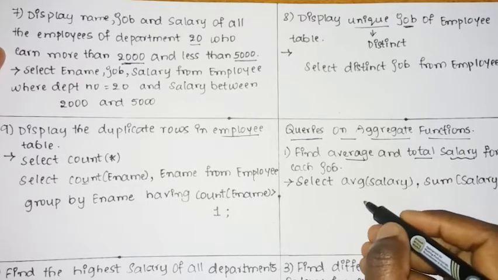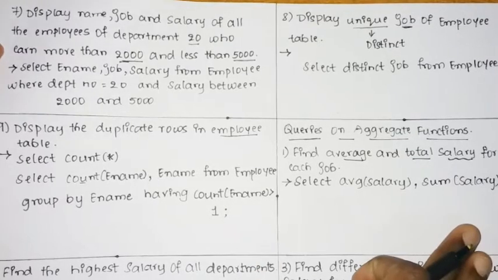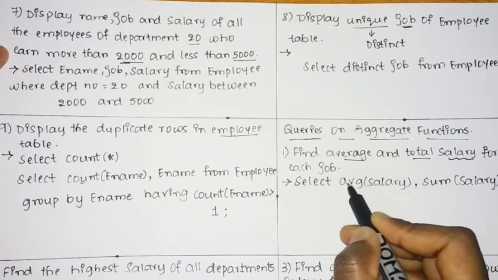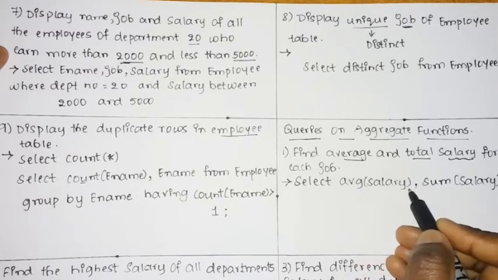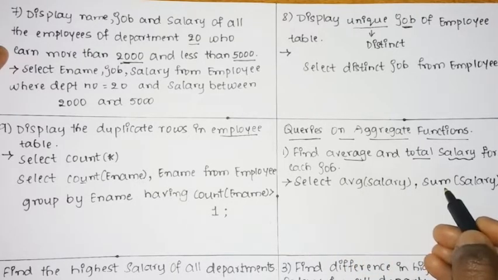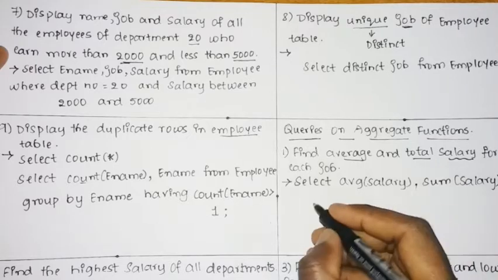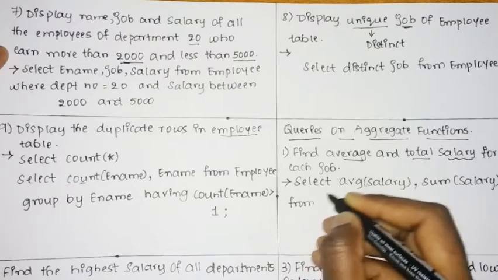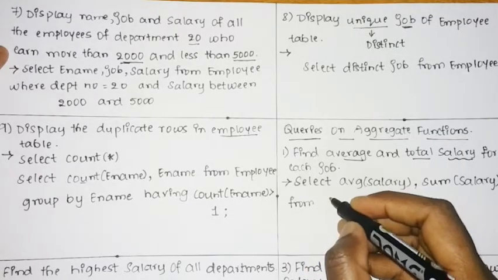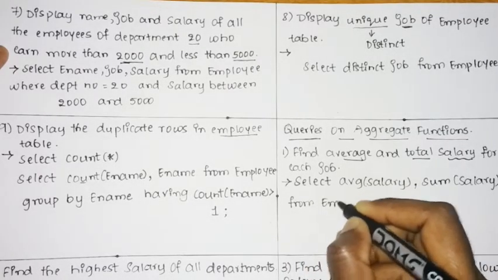These are the functions that are used. The name of the function is AVG, which calculates the average of salary, and then sum of salary, from employee, which is the name of the table.